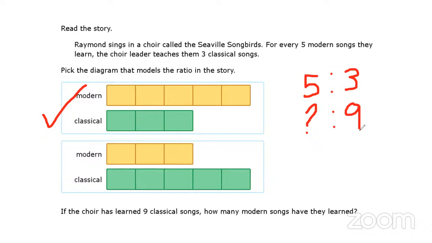All right, so I'm seeing some ratios coming in. And I see Labrina explaining how she worked this out. So let me say what Labrina wants us to hear here. She says we have 5 to 3, and then a question mark, because we are trying to figure out how many modern there are to 9 classical.